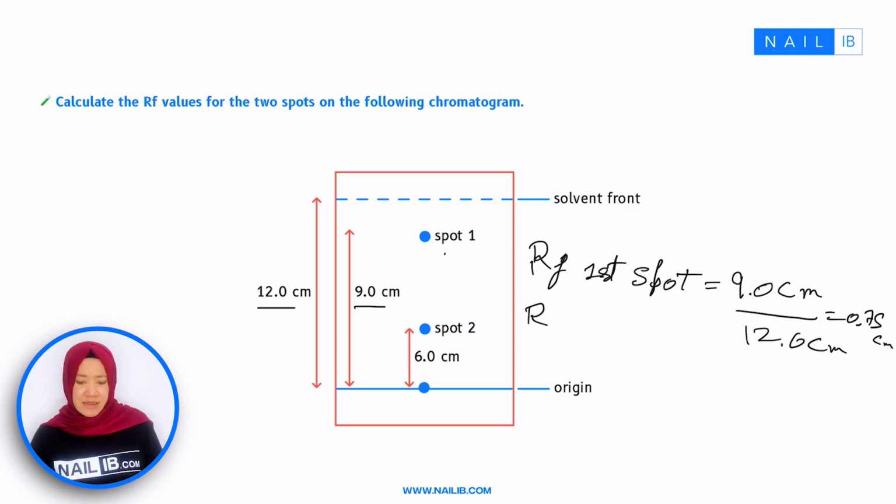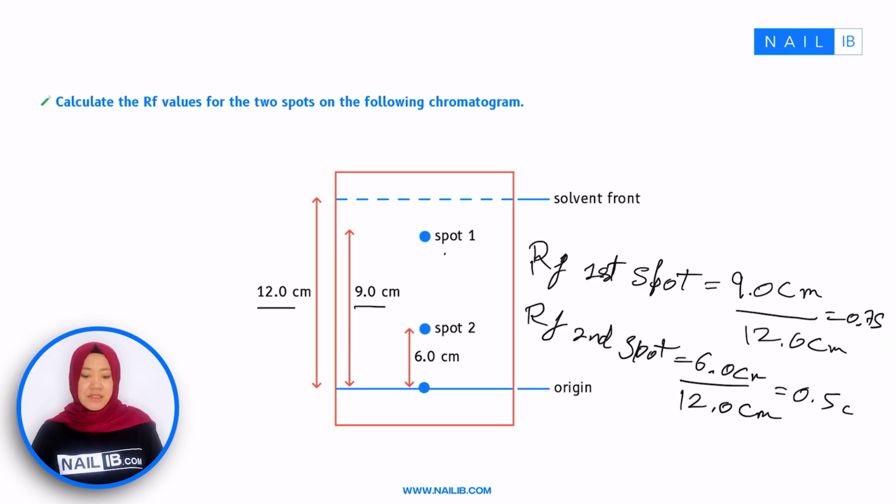And then the RF of the second spot is 6 centimeter divided by 12 centimeter, which is 0.5. Sorry, this one has no unit, so 0.5. So the RF value of the second spot is less than the first spot. So that's how you calculate the RF value.